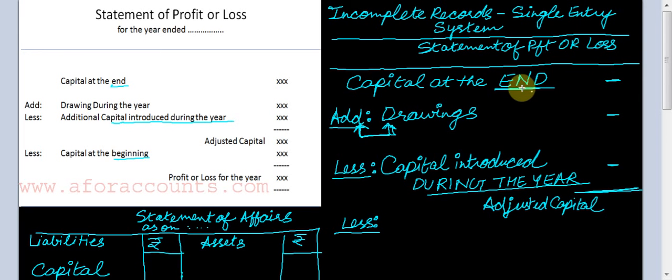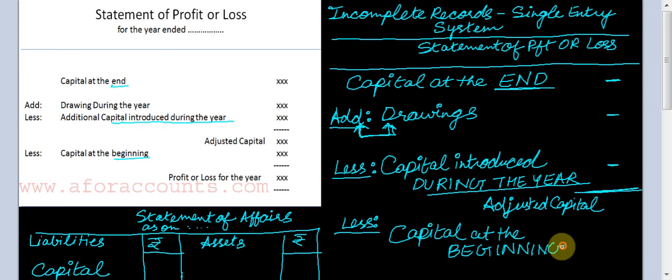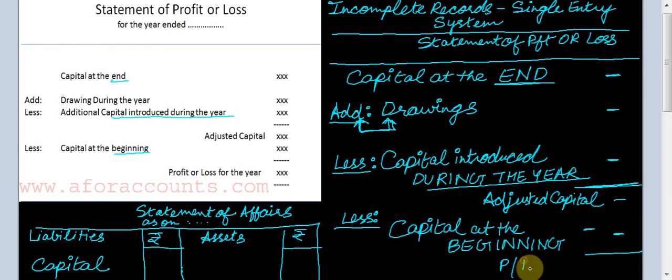I have finished with the end, finished with the during the year, and now what remains is capital at the beginning. Capital at the beginning needs to be placed here, and you need to deduct this capital at the beginning, and you will get profit or loss for the year.